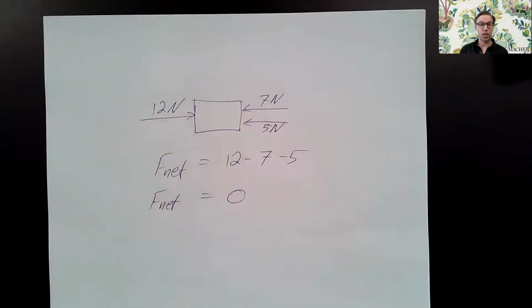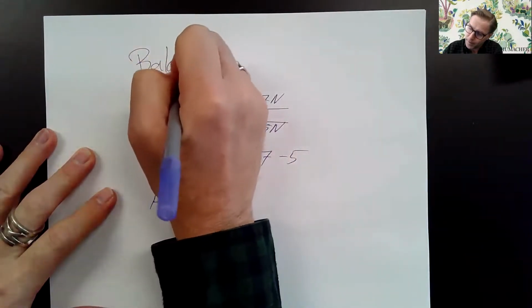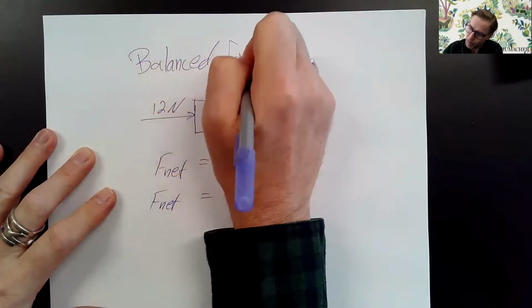Like right now, I'm sitting on a chair. Earth is pulling me down and the chair is pushing me up. And those two forces add up to 0. That situation is called balanced forces.